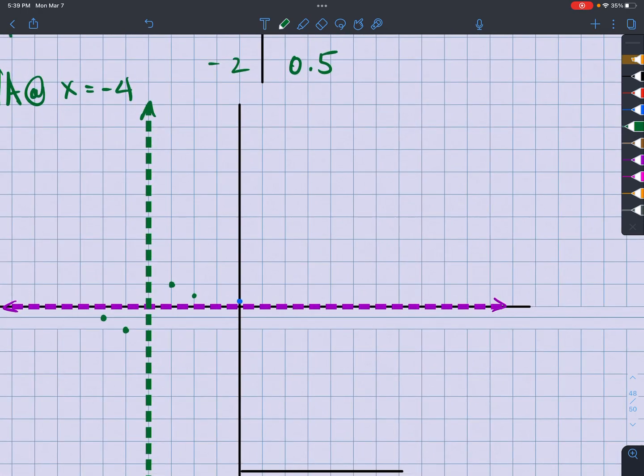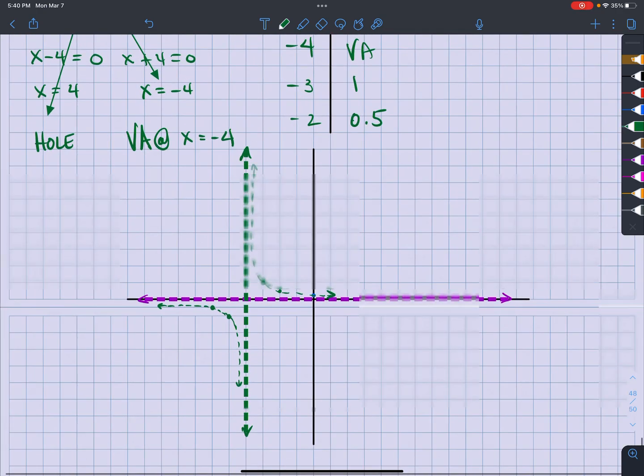So what this is showing us is that to the right of this vertical asymptote, we're going to have something like this, going up this way. And over here on the left side, it's going to do something like this. When I plot those points, it's more about how it curves.